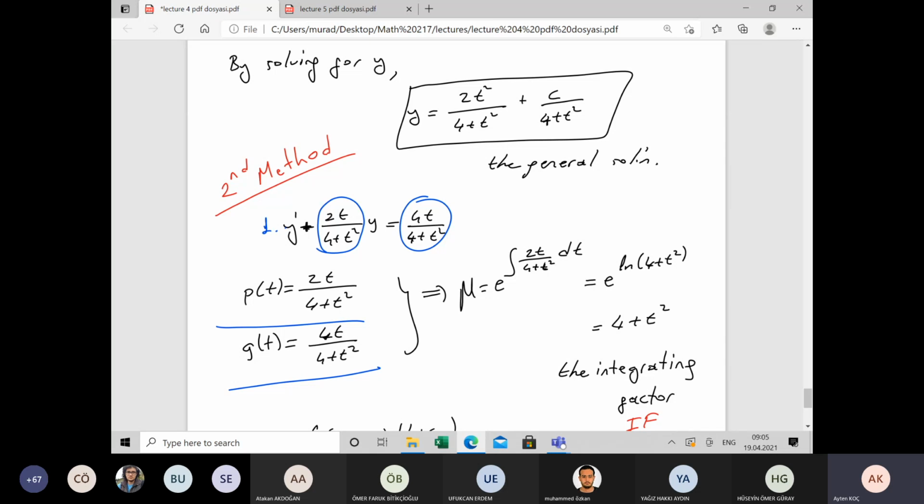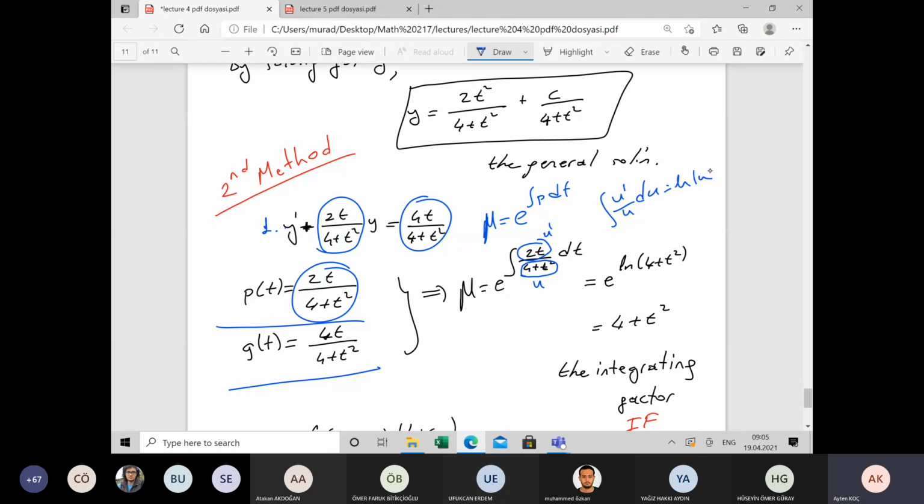So what's mu? We know that mu is e to the integral of p of t dt. What is this integral? We know from calculus, this one is u, this one is u prime, and the integral of u prime over u du is ln u, absolute value ln u.